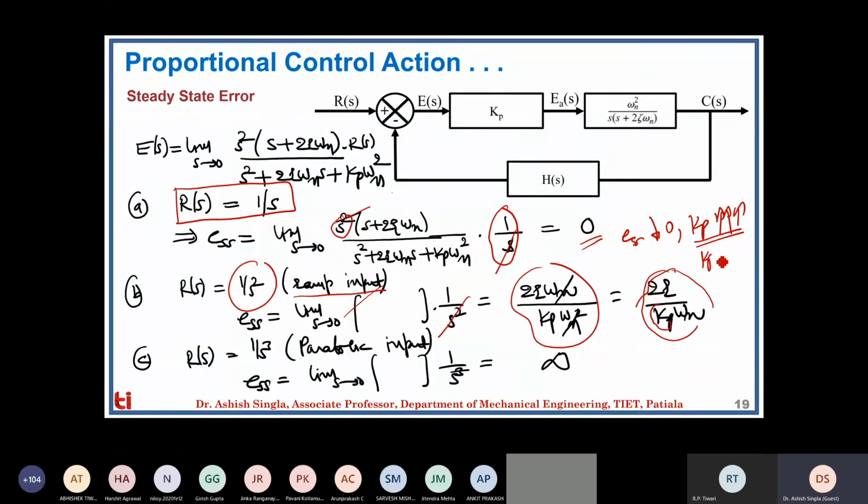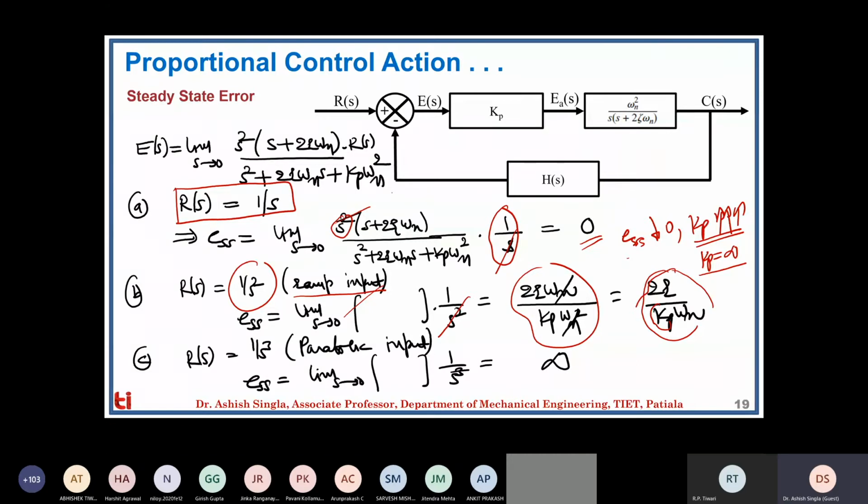Ideally we should take the value of Kp as infinity so that the steady state error is 0, which is not practically possible because Kp is related to the amount of torque provided by a motor. There is no motor in this real world which can give you infinite gain or infinite torque.